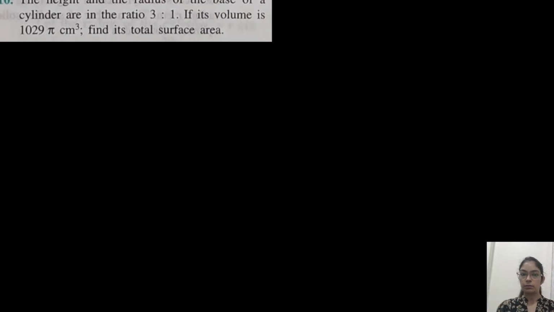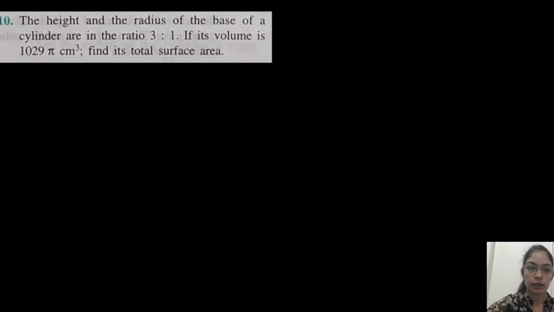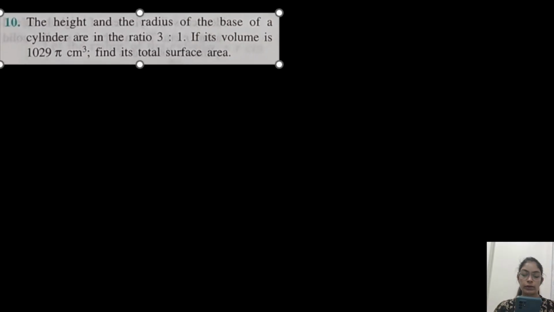Let's try to solve maximum questions. So the next question, which is question number 10. You can see the statement. Let's see what is given to us and what we have to find. The height and radius of the base of the cylinder are in the ratio 3:1. As I have told you earlier, ratio means a fraction.